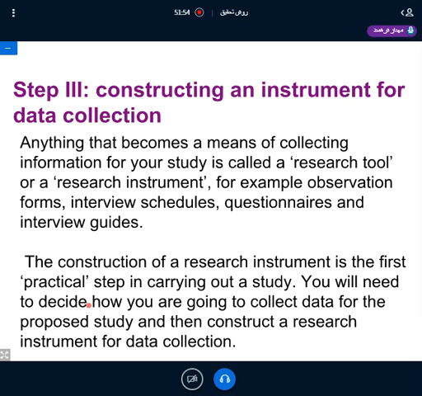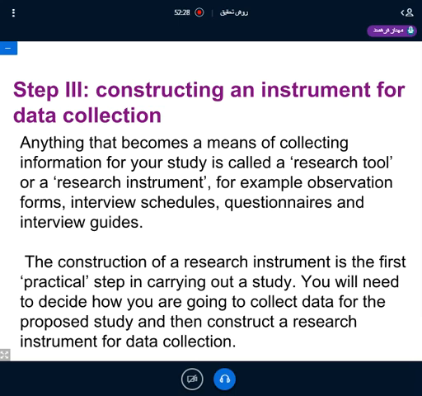The construction of a research instrument is the first practical step in carrying out a study. You will need to decide how you are going to collect the data for the proposed study and then construct a research instrument for data collection. So we must decide how we are going to collect the data for our study. And this how is very important.